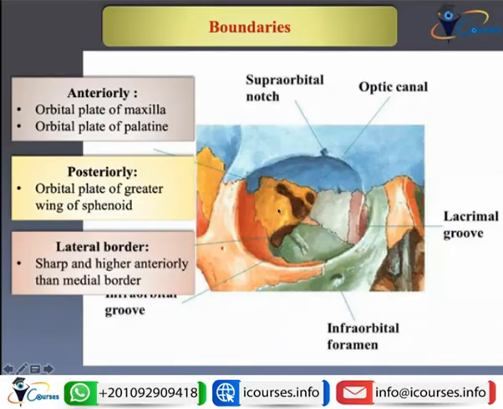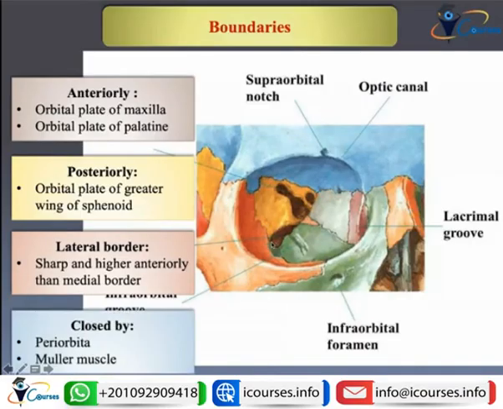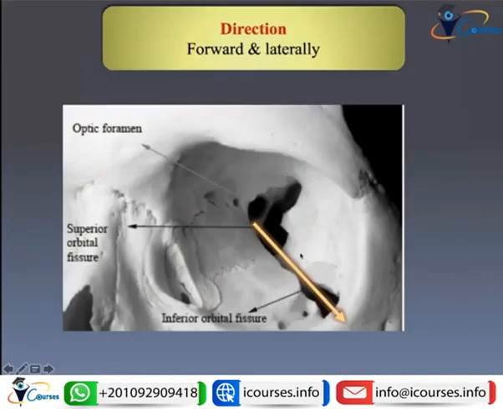Laterally, it will be sharp and higher than the medial border here. And this fissure will be closed by the periorbita and the orbitalis muscle. The direction of the infraorbital fissure will be forward and laterally, as you can see here.